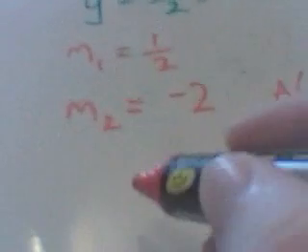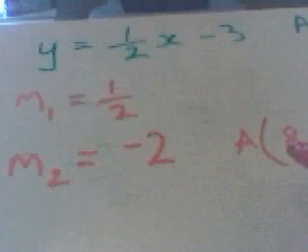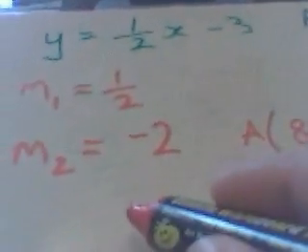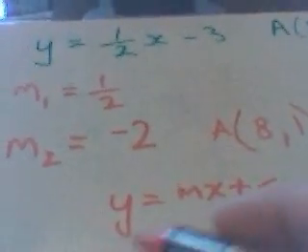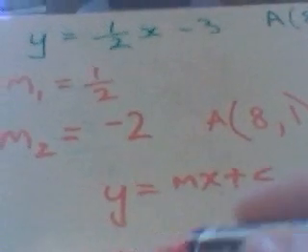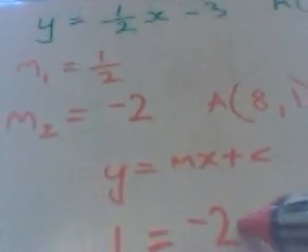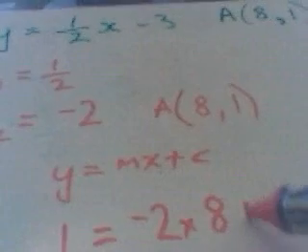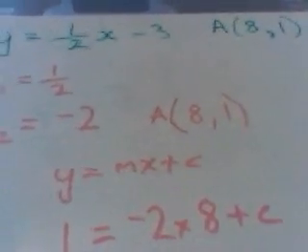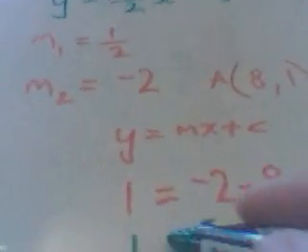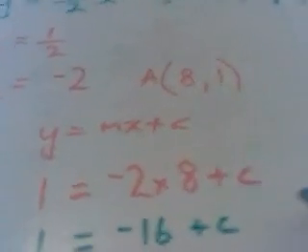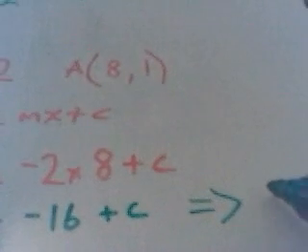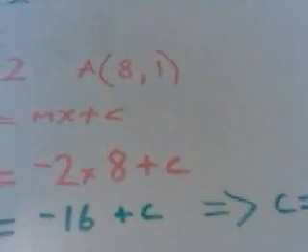We're going to use our y equals mx plus c skills now. So we've got y, sorry, y is 1, clearly. m is -2. x is 8, but we don't know what c is at present. But working this out gives us 1 equals -16 plus c, which implies that c is 17.